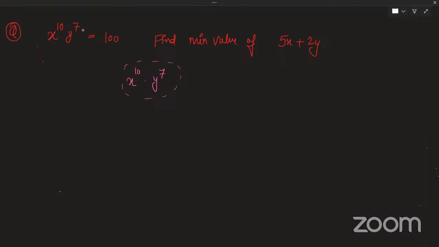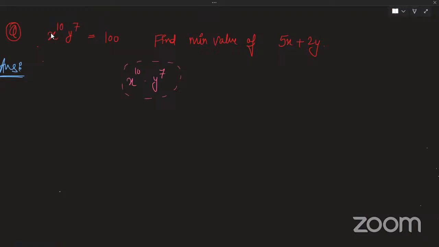5x plus 2y. So just think, if I have x raised to 10 and y raised to 7, how can I achieve it? What can I do so that I get x raised to 10 and y raised to 7? Yes, you are thinking correct. Vignesh, Gayatri, Ashrita, Bhavna, just think this way.